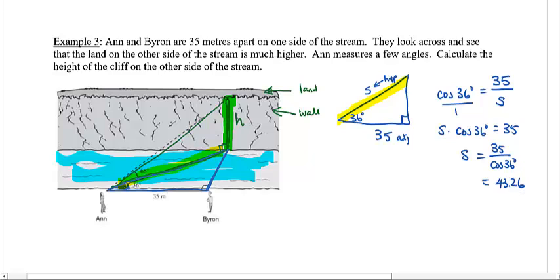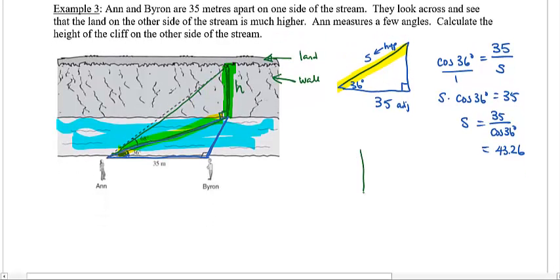Because that is the same length as the base of my green triangle. So now if I look at the green triangle and draw that out, I've got the angle of 68. This side here, once again, is exactly the same as the hypotenuse of the blue triangle, which I calculated as 43.26. And now I should be able to figure out the height of the cliff.